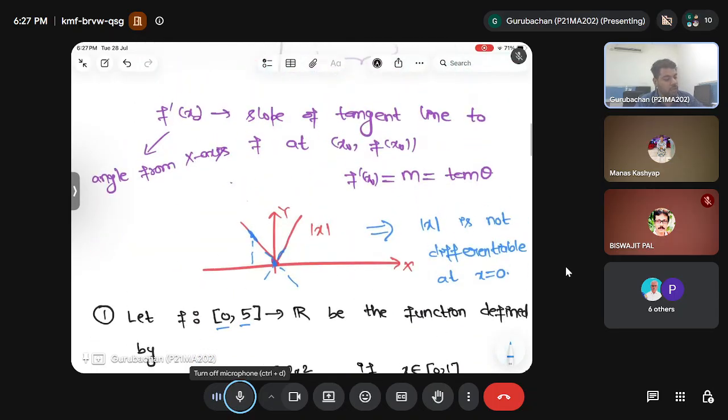See, suppose I am taking mod x on the interval 0 to 1. If you say your function is differentiable on the closed interval 0 to 1, what if it continues like this and there is some more tangent? You cannot say what will happen to the left hand side of 0.